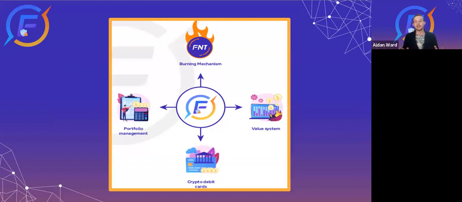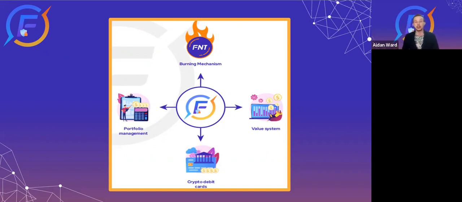So this is basically the FNT ecosystem snapshot, right? The FNT is in the center, and from there you can use FNT to get crypto debit cards. You'll be able to access the loan to value cash system, which provides liquidity in those emergency cases.